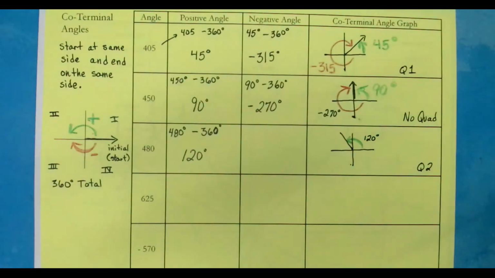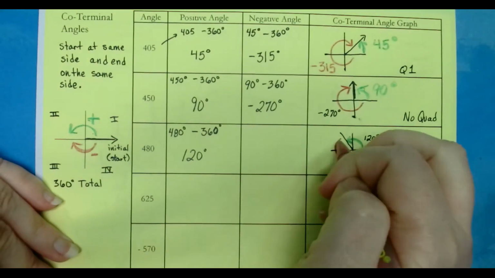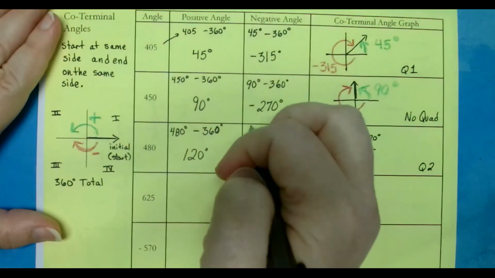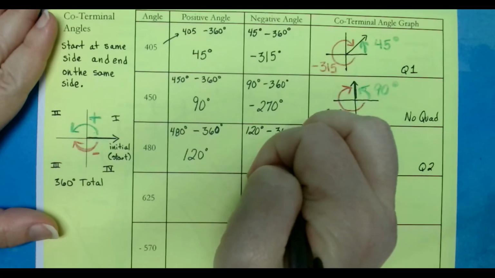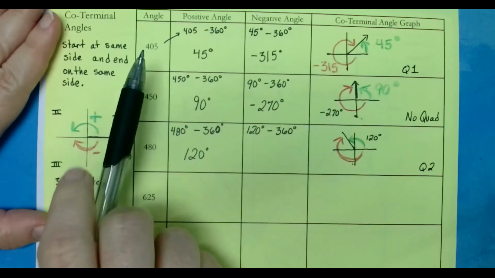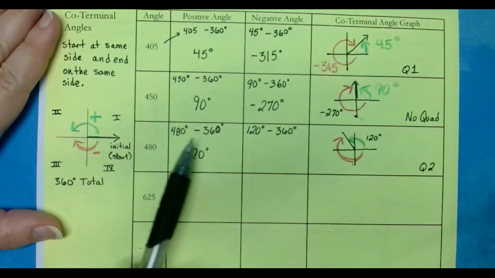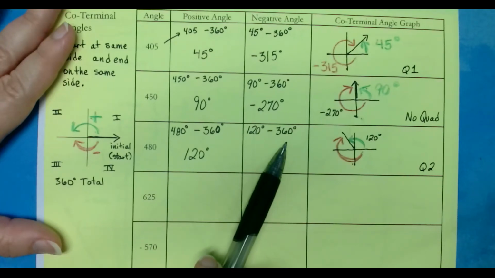Now we need to find our negative coterminal angle. So we're going to take our 120 and subtract 360. Every time, notice we're subtracting 360. We start with a positive number bigger than 360. All we do is subtract 360 to get our positive angle, subtract 360 again to get our negative angle.